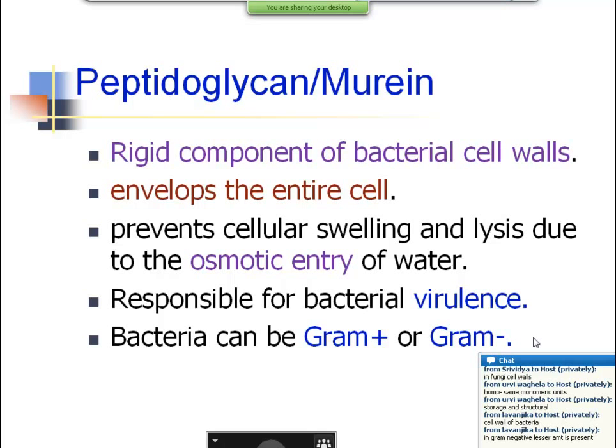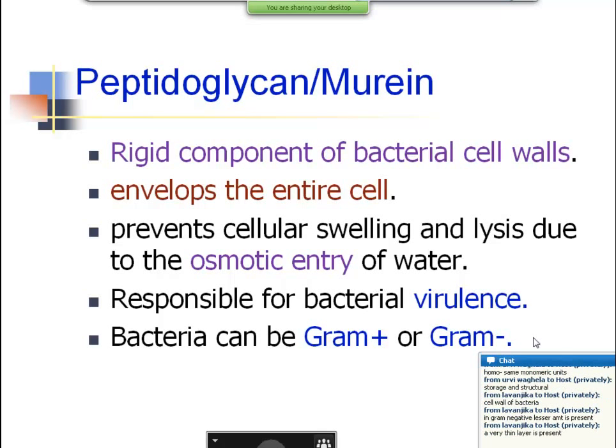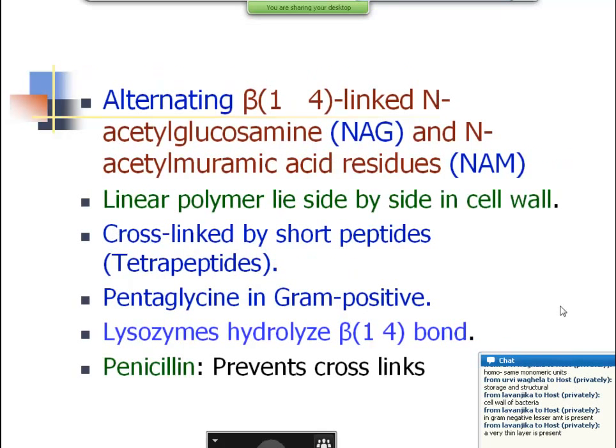Second, the layer is thicker in gram positive. Are you sure it's gram positive? The peptidoglycan layer is thick in one of the species and thin in the other. Which species? Online students?